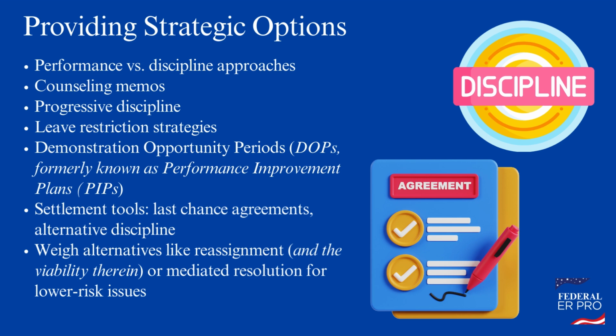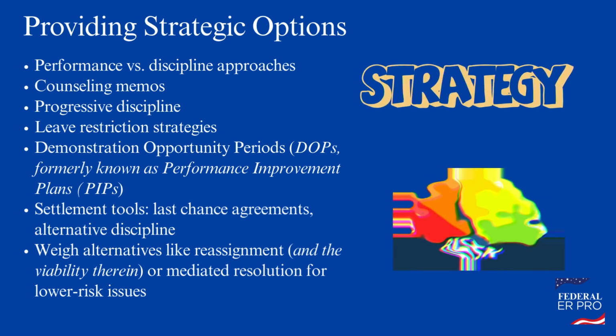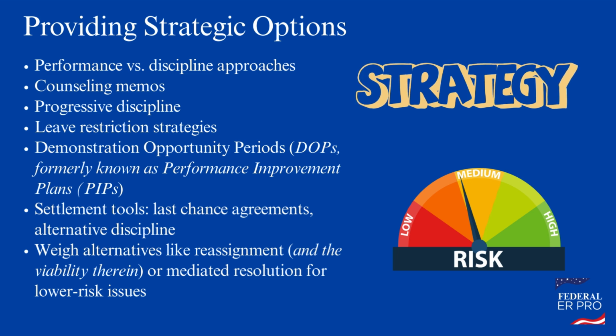Weigh timing against other actions that could impact the case or the timing of the final action, and always explain the why behind your recommendation and the watch items via a risk conversation. Help your supervisors see the big picture and the smartest path forward. As you provide them options and explain the why, you're enhancing their managerial toolkit as well.